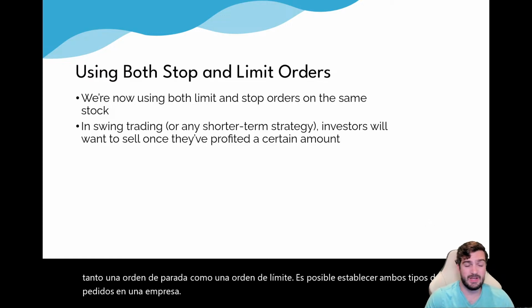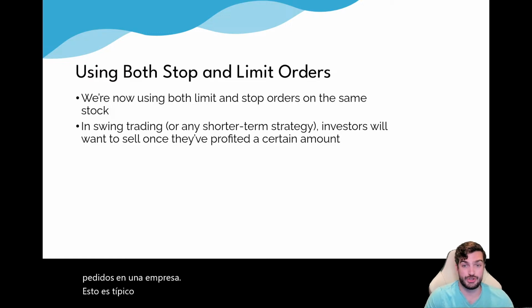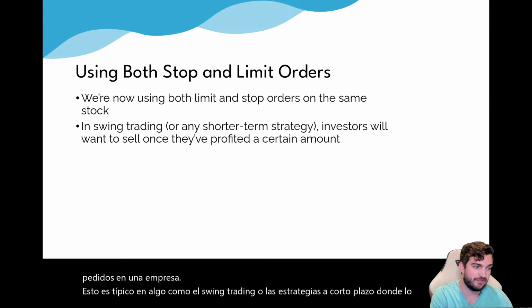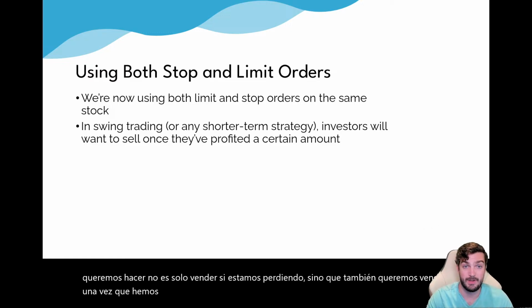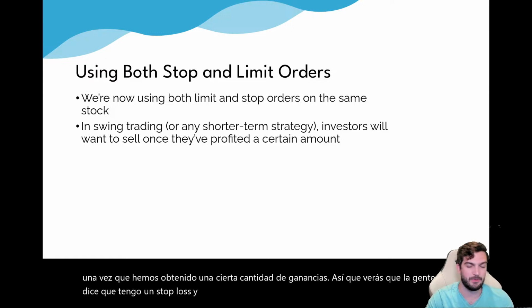This is typical in something like swing trading or short-term strategies, where what we want to do is not only sell if we're losing, but we also want to sell once we've made a certain amount of profit. So you'll see people say, I have a stop loss and a take profit. Stop loss, sell because we're losing money. Take profit, sell because we're making money.